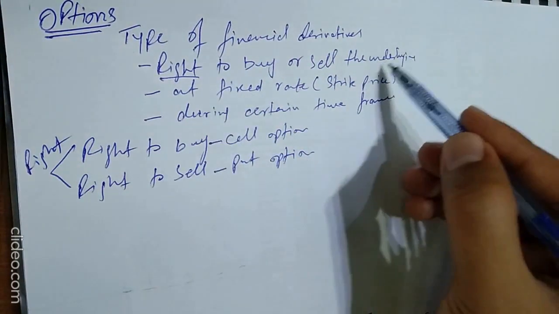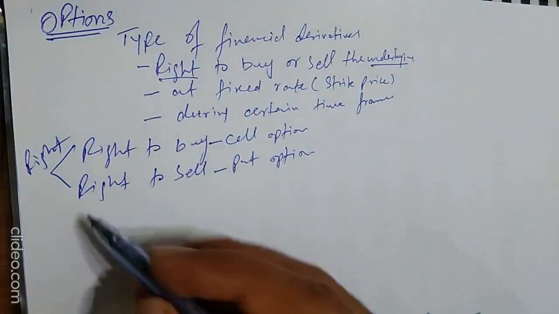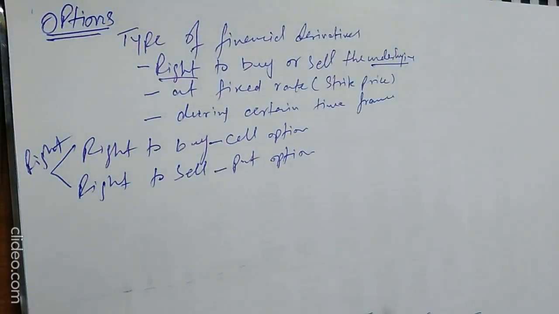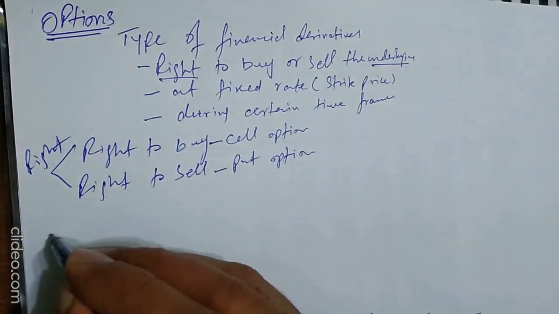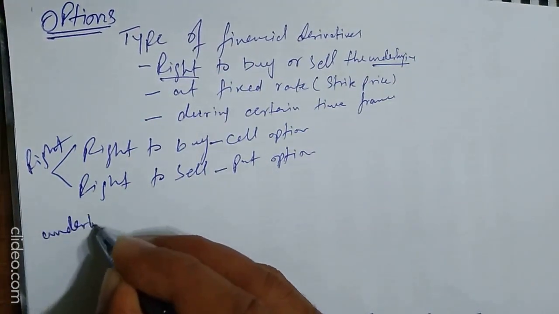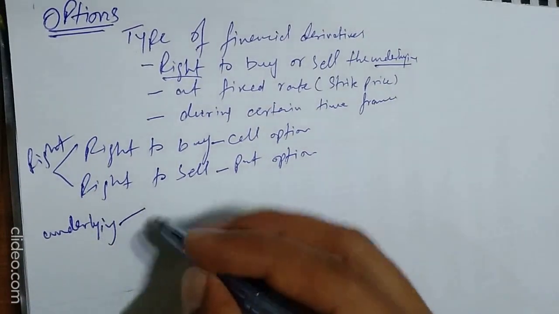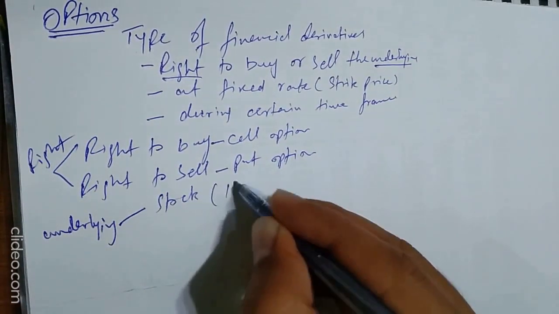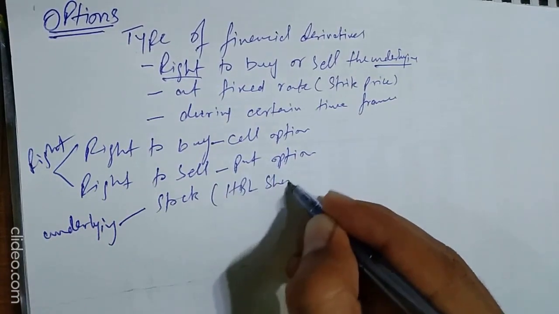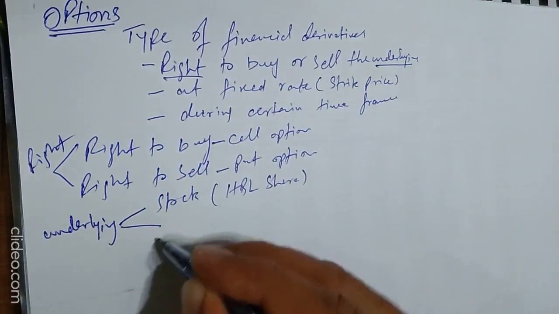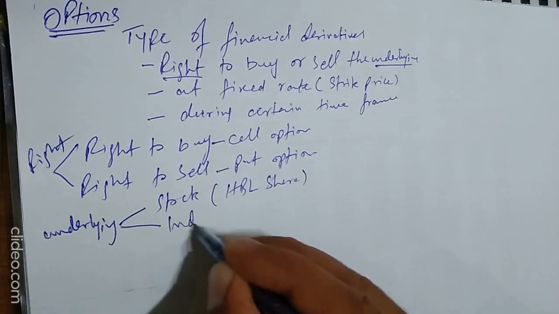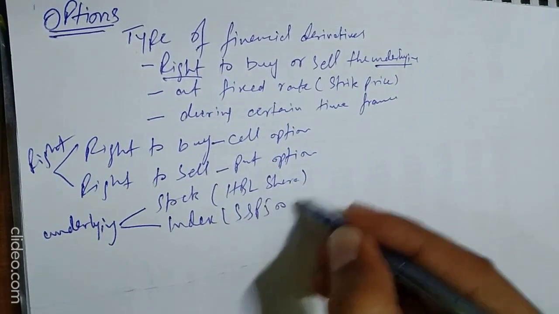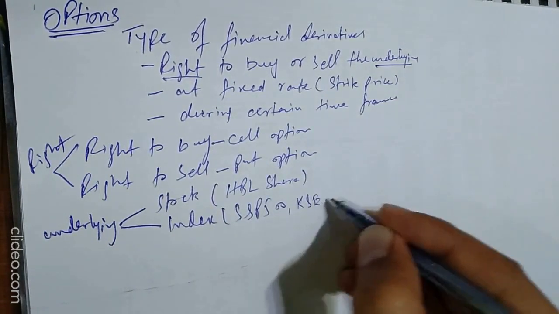Now we discuss the underlying. What are the underlyings which we buy or sell, on which we purchase the right to buy or sell? There are different kinds of underlying. The first underlying can be a stock, like a share of HBL Bank. Underlying can be any index, like Standard & Poor's 500 or KSE 100 index.